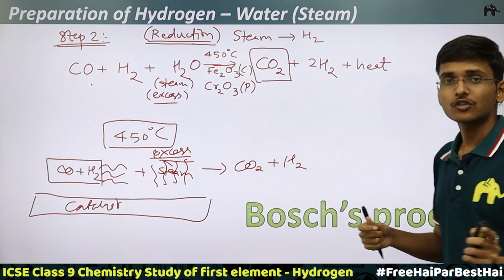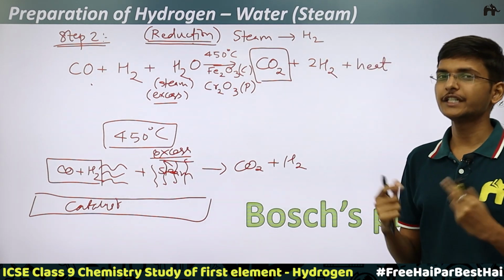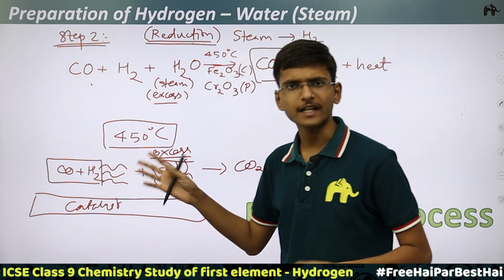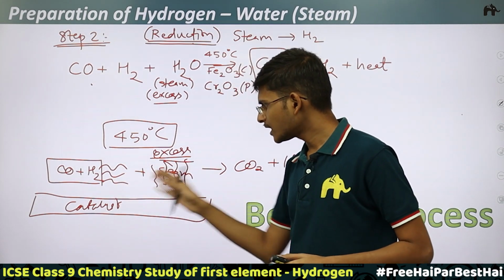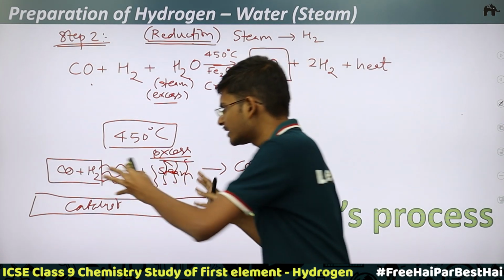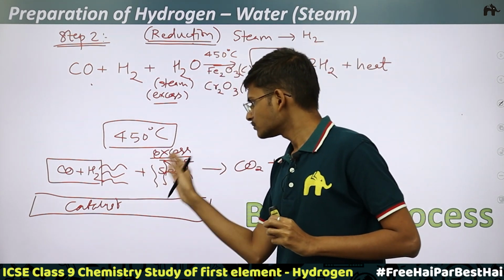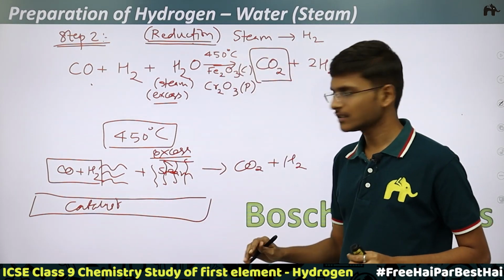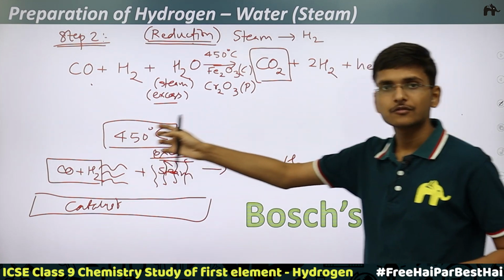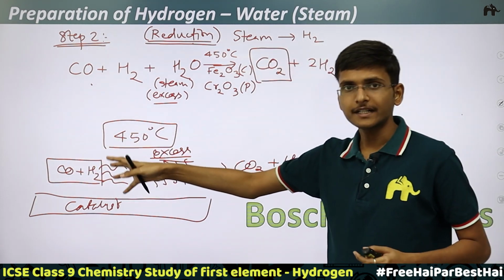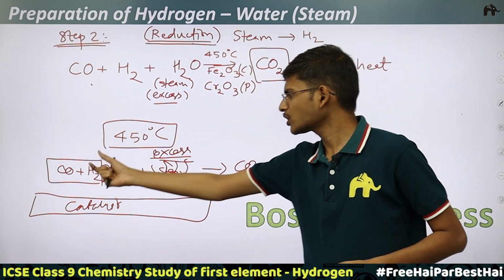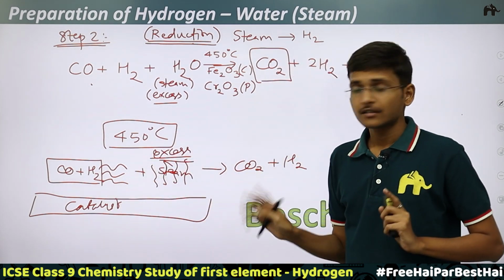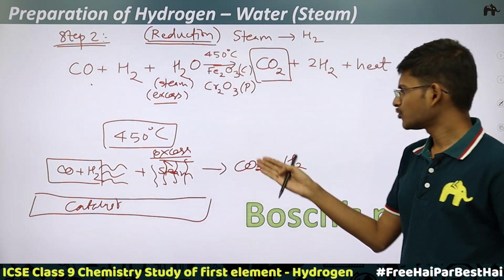But there is also one more thing we need to do. When we pass this carbon monoxide and hydrogen gas mixture, that is the water gas mixture, and treat it with excess steam over this catalyst and promoter at this temperature, whatever water gas and steam we pass over the catalyst reacts and gives us carbon dioxide and hydrogen.